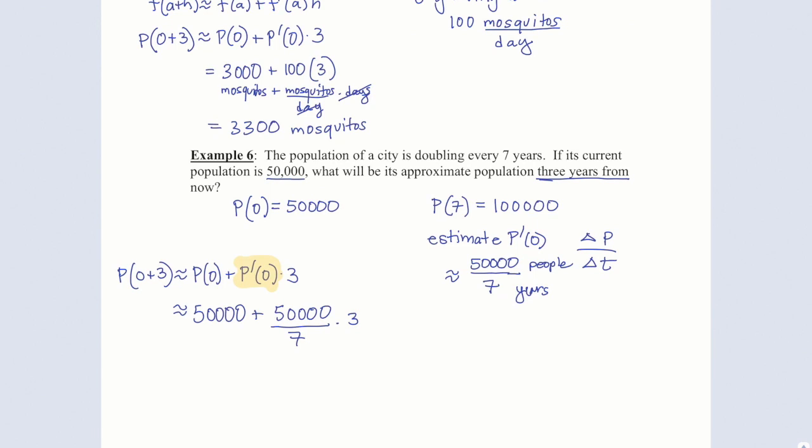And so again, the label here, we've got people, and here we have people per year, and 3 is years. So the quantities we're adding are all labeled as people, so that's good. We want to add and get an approximation of the number of people. So for this, we'll probably need a calculator because it's not going to come out even.